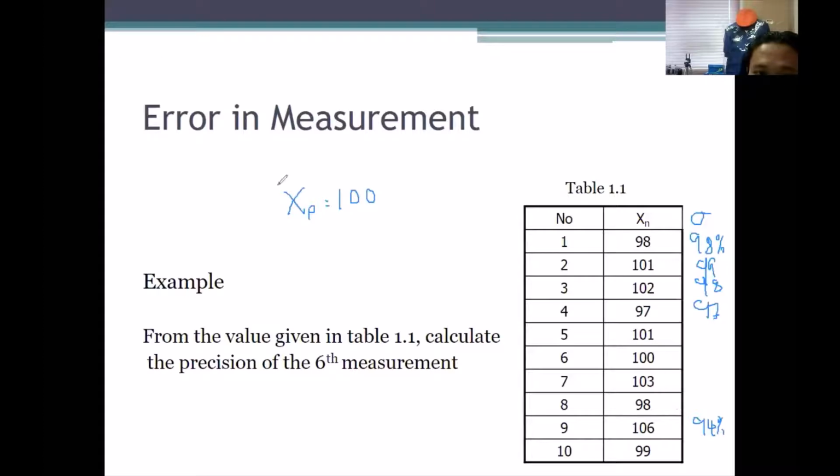For example, our expected output will be 100.